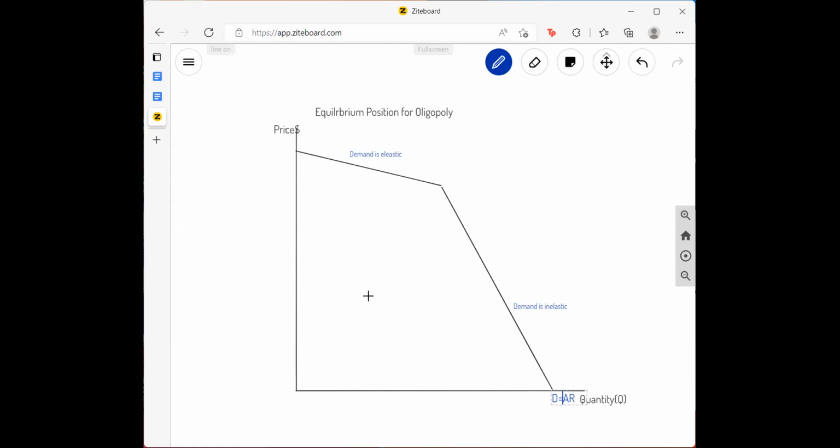So just as our regular imperfect competition curves, then we have now the MR curve, right? The MR curve is inside. However, there's usually this line here.